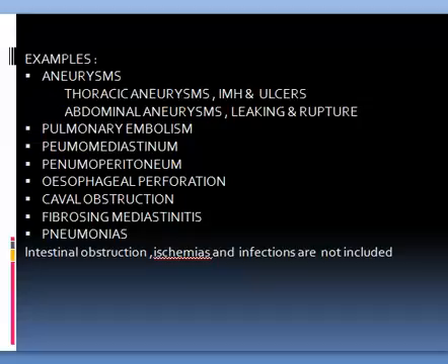Examples of such things are the aneurysms, pulmonary embolism, air within the mediastinum or peritoneum, pneumomediastinum, pneumoperitoneum, esophageal perforation, caval obstruction, fibrosing mediastinitis, and some cases of pneumonias, especially those aggressive types, as in acute interstitial pneumonias, including pneumocystis carinii, viral pneumonias, as well as mycoplasma.